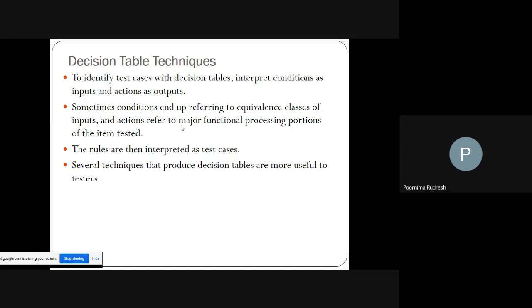So next we'll see the decision table techniques. To identify the test cases with the decision tables, we are interpreting the conditions as inputs and actions as outputs.